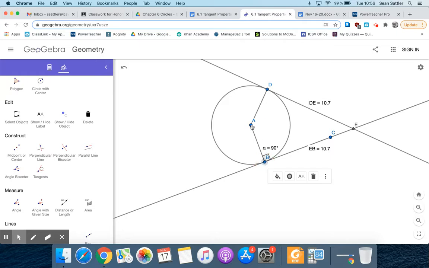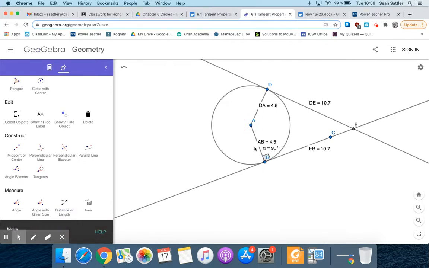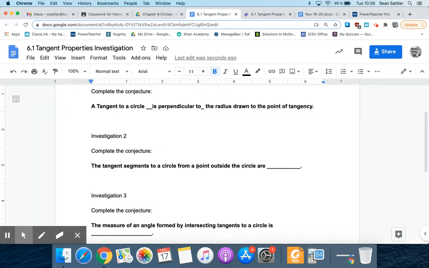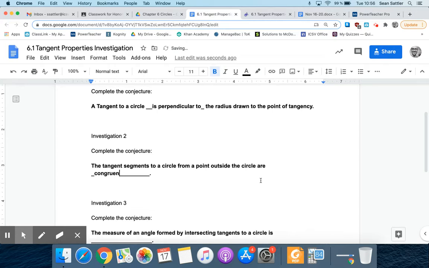And then we also have the radii, those of course are the same length. All the radii are the same length. So tangent segments to a circle from a point outside the circle are congruent. Gonna fill that one in.